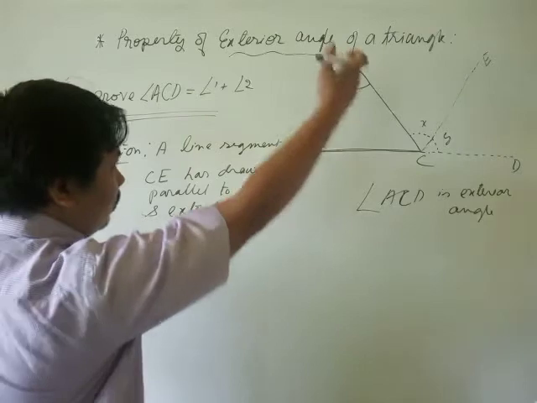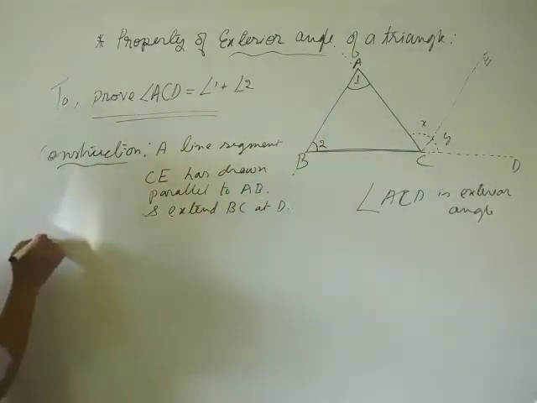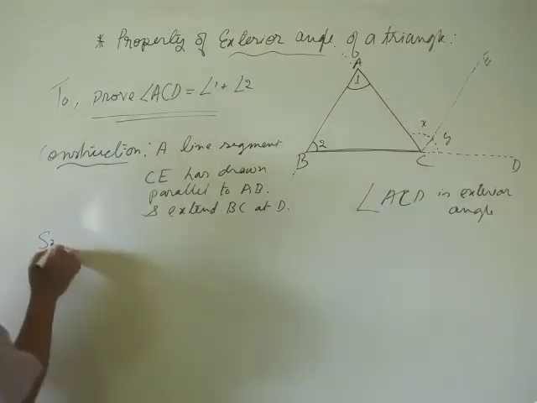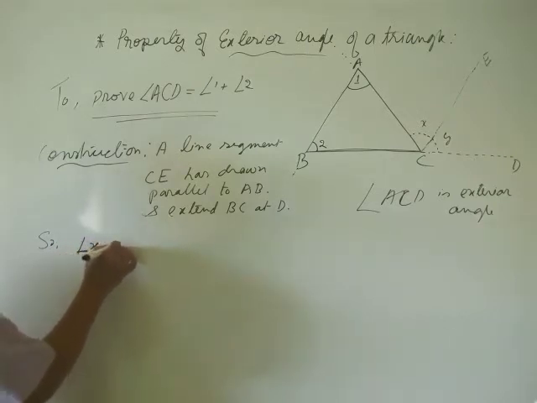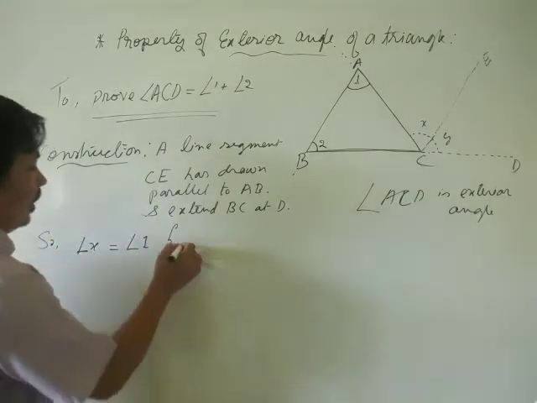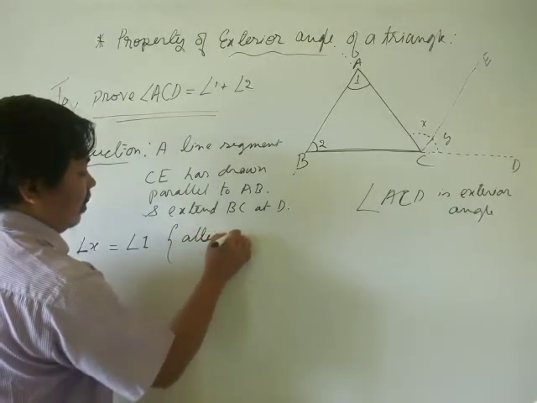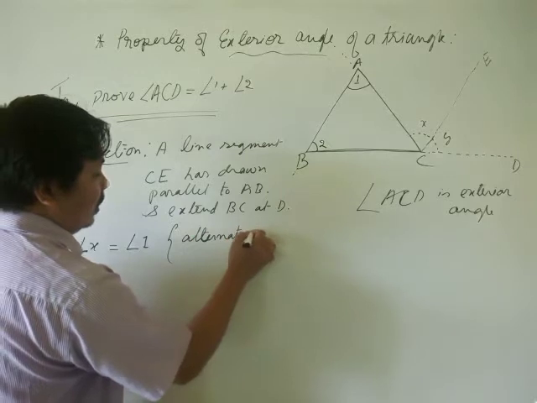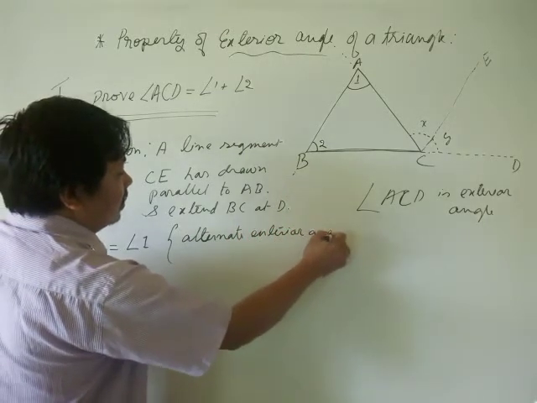After that, we construct CE which is parallel to AB, isn't it? Then, what we have now: angle X is equal to angle 1 because of alternate interior angles.